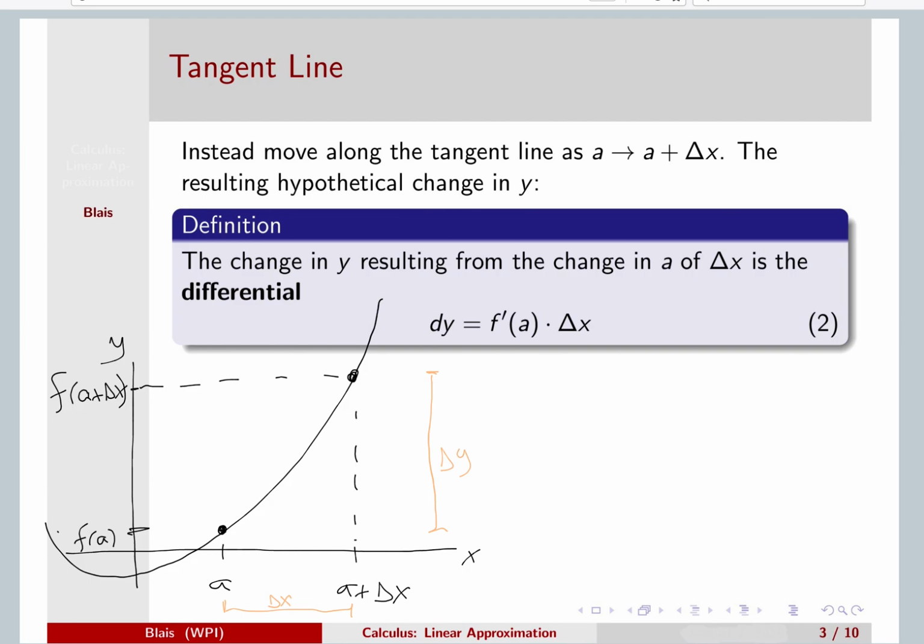So instead of, as a shifts over to a plus delta x, instead of cruising along the function itself, what if we form the tangent line at x equals a, and instead of moving along the curve, we move along the tangent line.